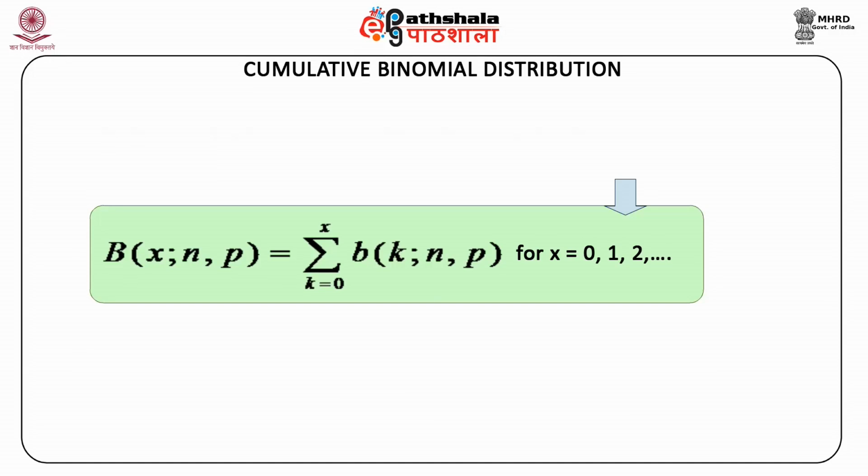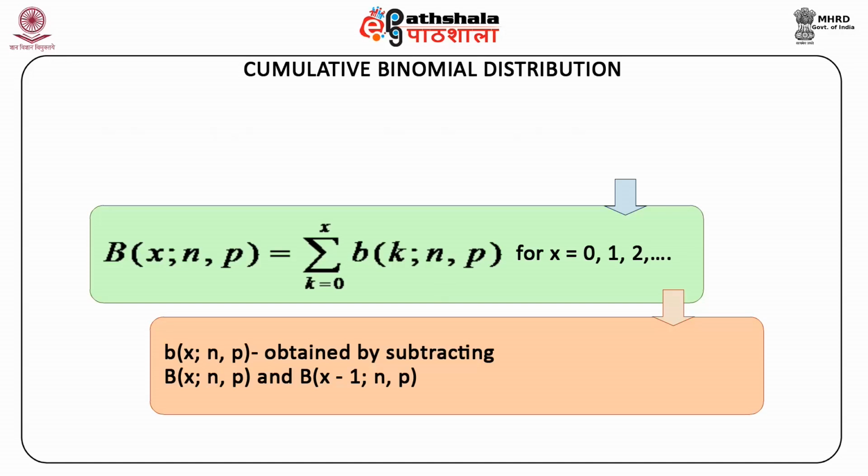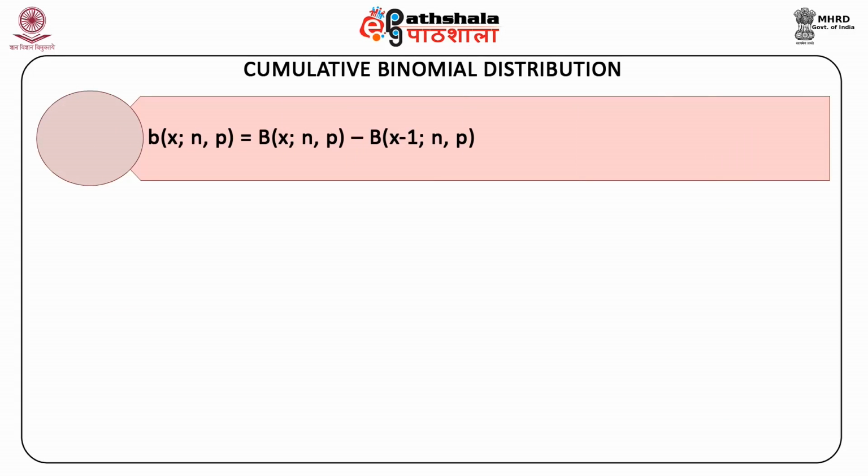Note, however, that the values of b of x, n, p can be obtained by subtracting adjacent entries of the two cumulative probabilities, capital B of x, n, p and capital B of x minus 1, n, p, since they differ by the single term b of x, n, p.